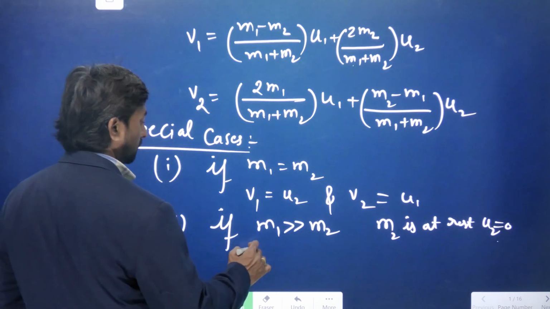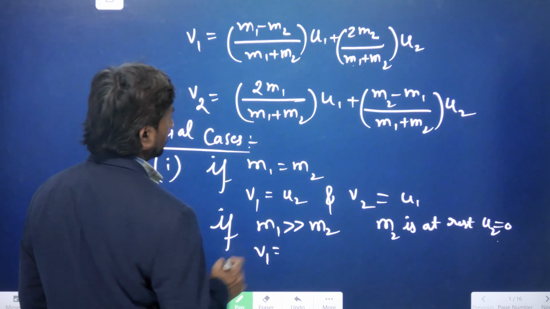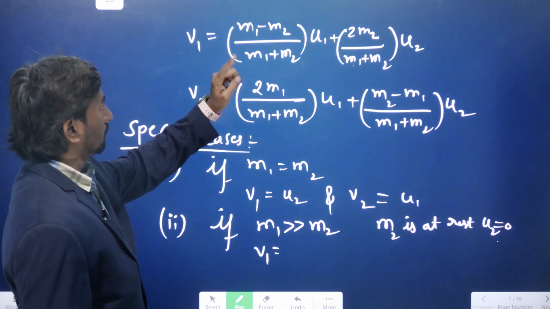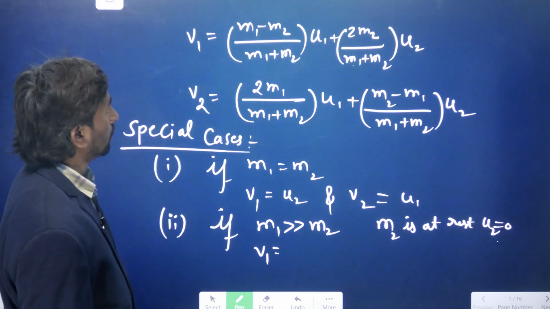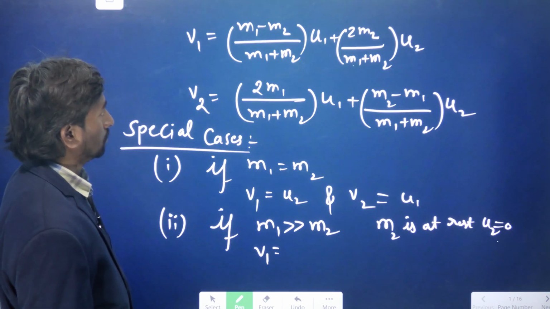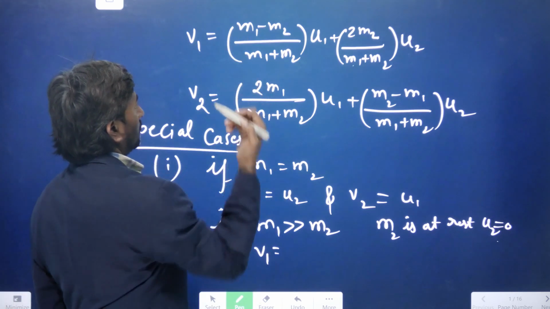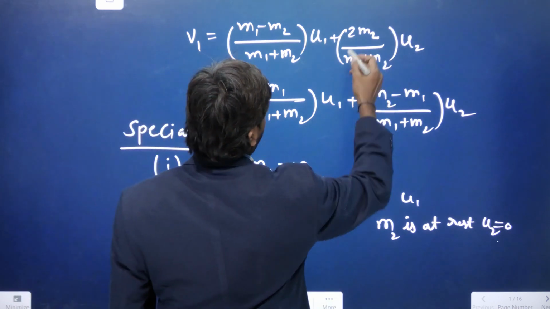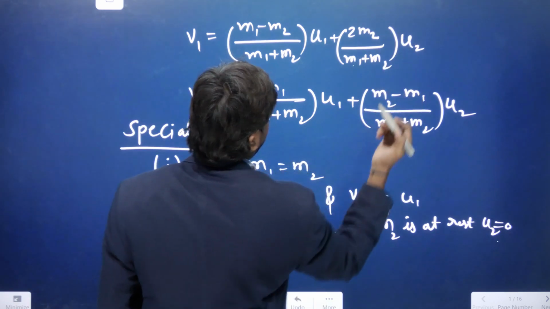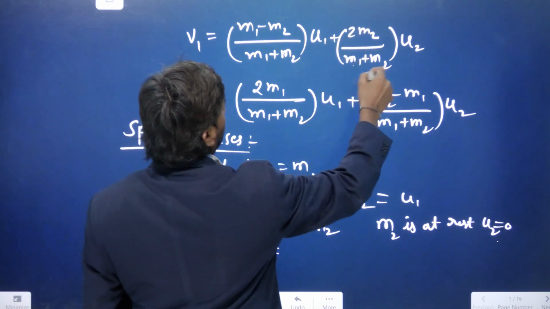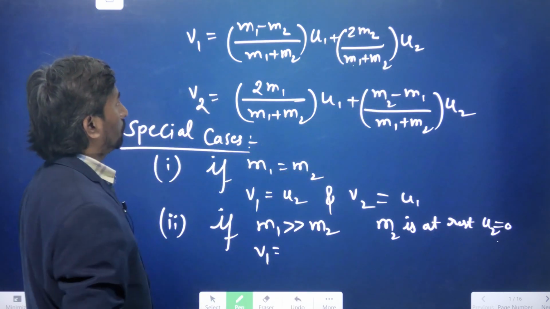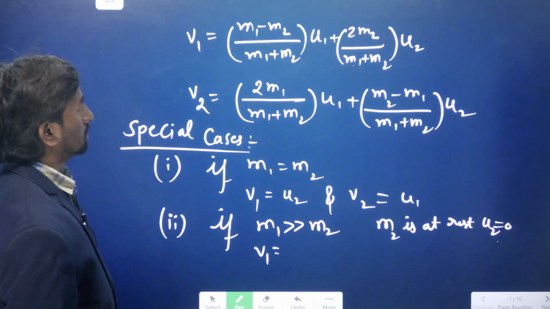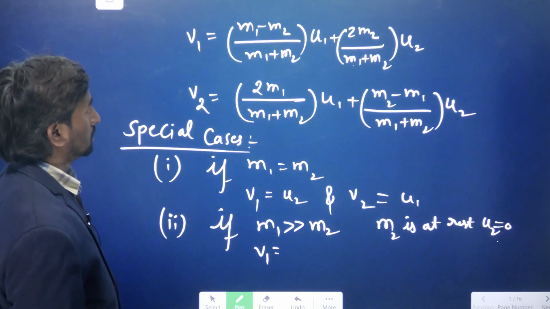What will happen to v1? Since m1 is far greater than m2 and m2 is at rest, this term becomes 0, and we get m1 minus m2 divided by m1 plus m2.